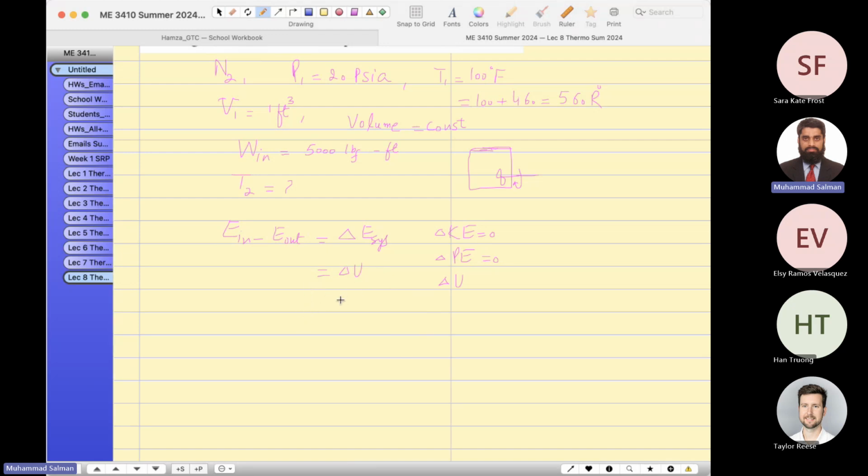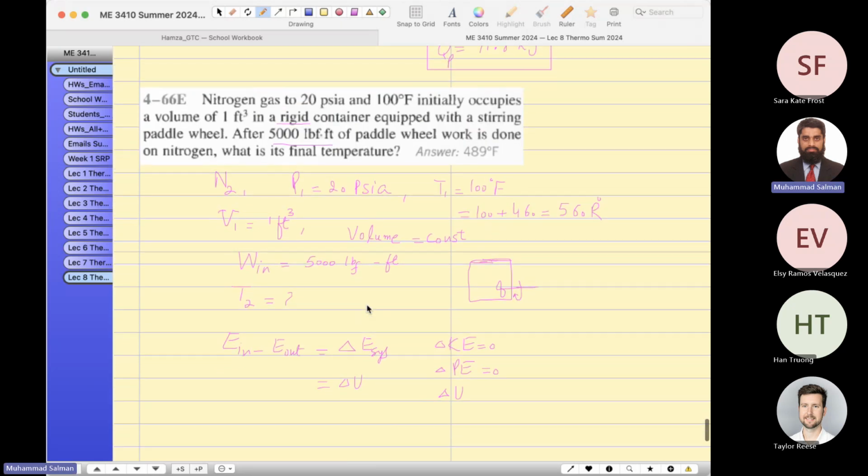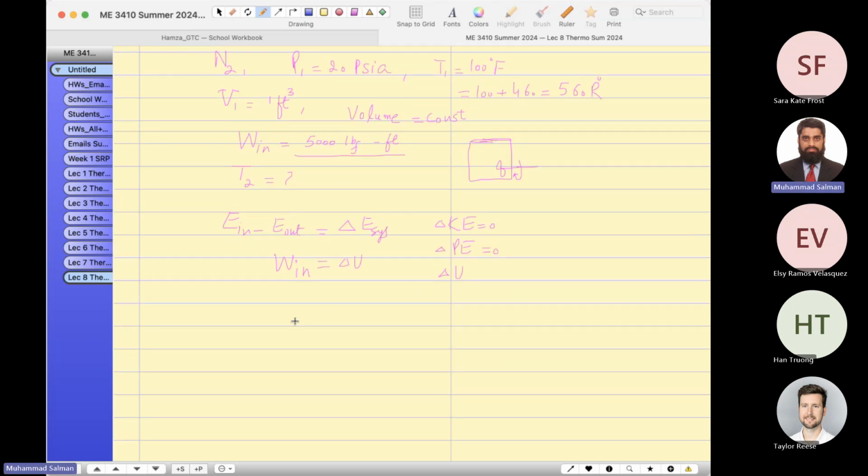So how would you write it down here? We know that there is no heat being supplied, no heat being added. Only the work done is in terms of the paddle wheel. So this is the only work done, work going in, which equals delta U. And what is delta U?